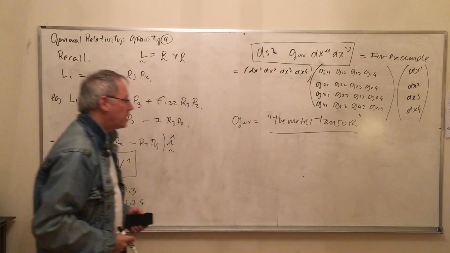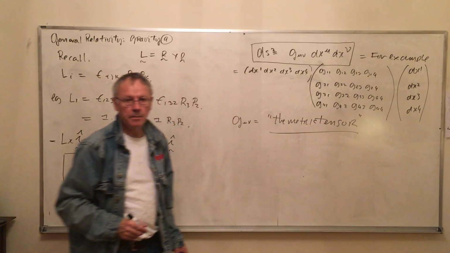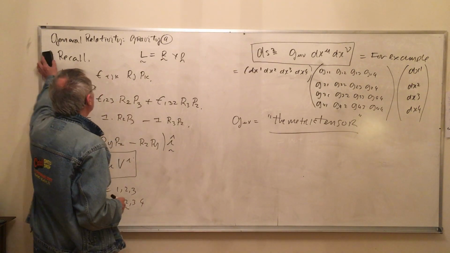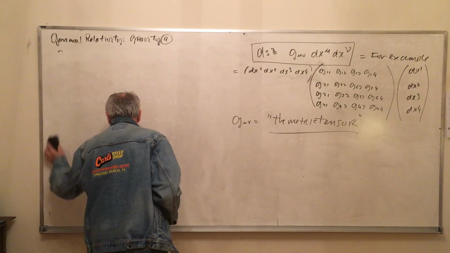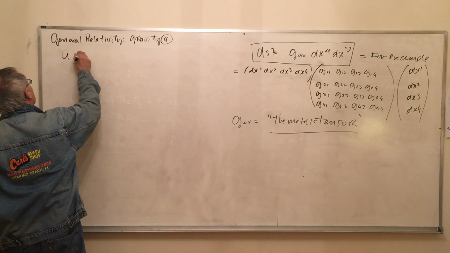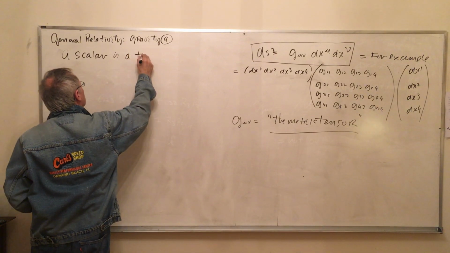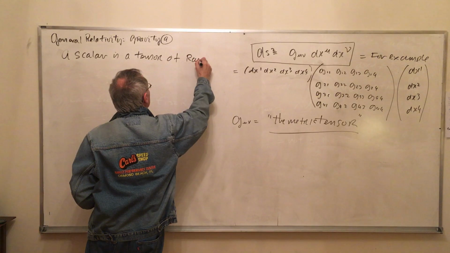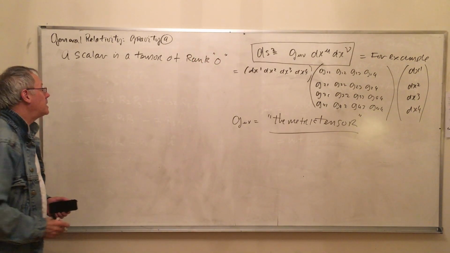Now, g mu nu is called the metric tensor. It's a tensor, and what does that mean? A tensor is an object that transforms in a special way. Let's see how that works. A scalar is a tensor of rank 0.